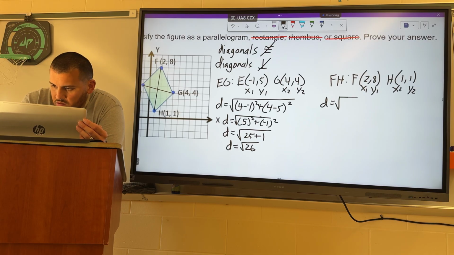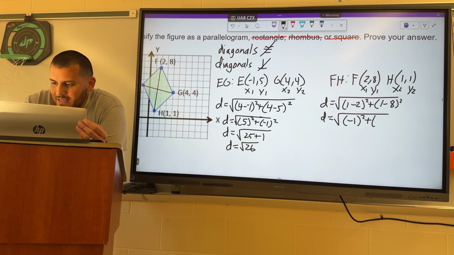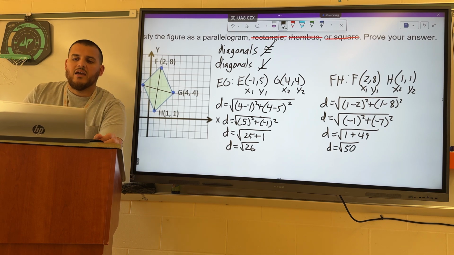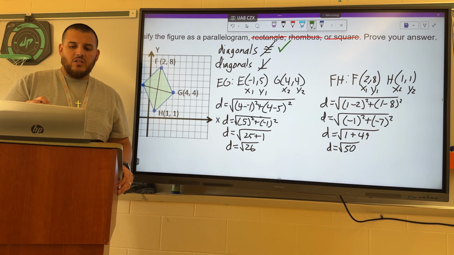So distance equals the square root of x2 minus x1, that's 1 minus 2, squared, plus y2 minus y1, that's 1 minus 8, squared. Doing parentheses first, 1 minus 2 gives me -1. 1 minus 8 gives me -7. -1 squared is +1. -7 squared is +49. And when I add those up, I get the square root of 50. So here I have proof. The diagonals are not congruent to each other.